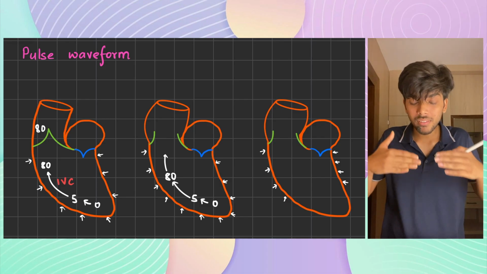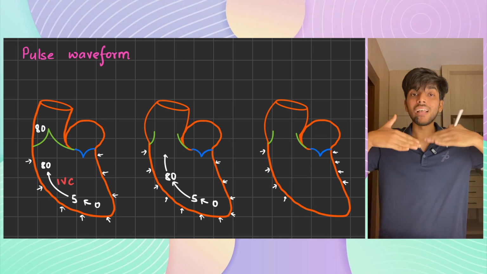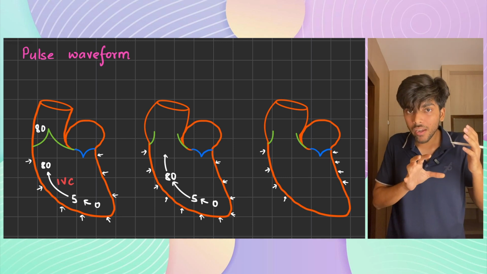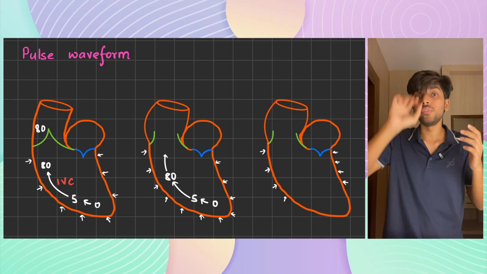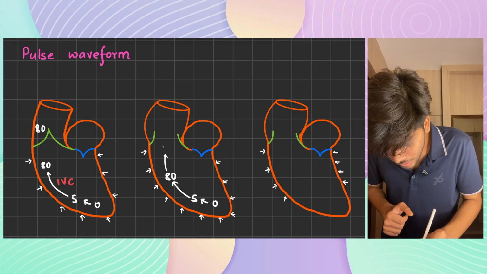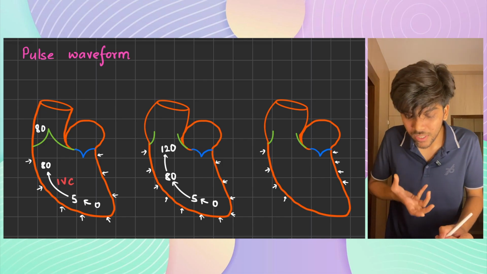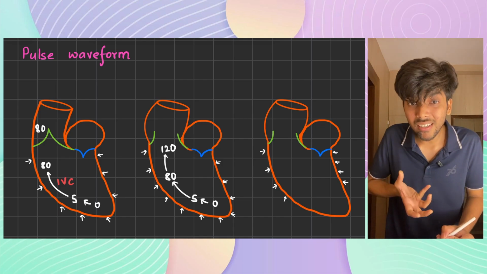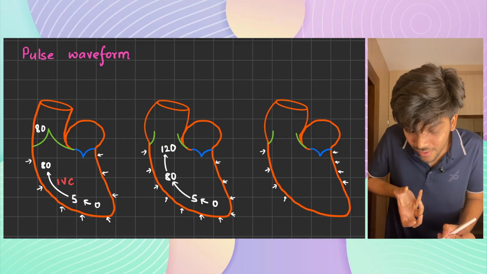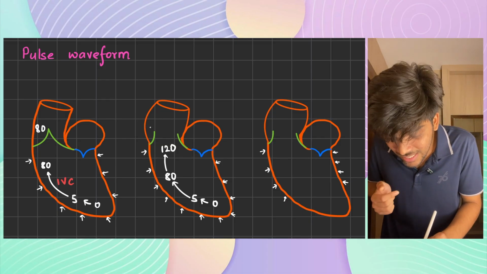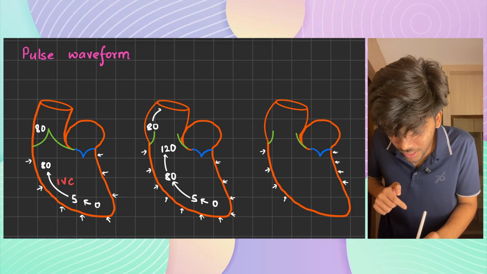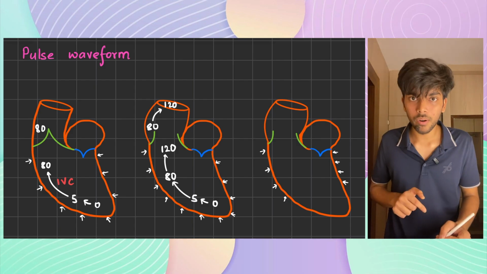As soon as that happens, the aortic valve opens, and the increase in pressure inside the ventricle is faithfully transmitted to the aorta as well. That means the maximum capacity till which the ventricle can contract is the systolic blood pressure. So it will contract till 120 mm of Hg. Inside the aorta as well, the pressure will increase till 120 mm of Hg, which is the systolic blood pressure.